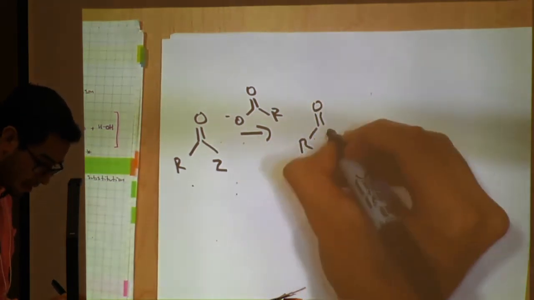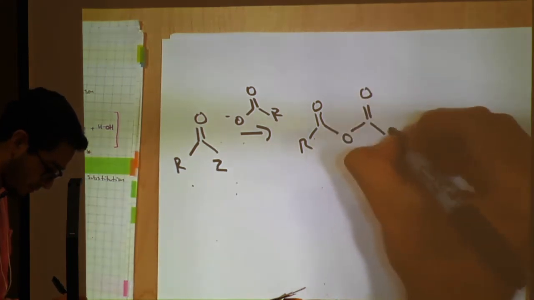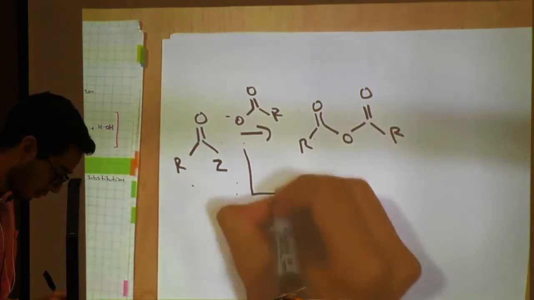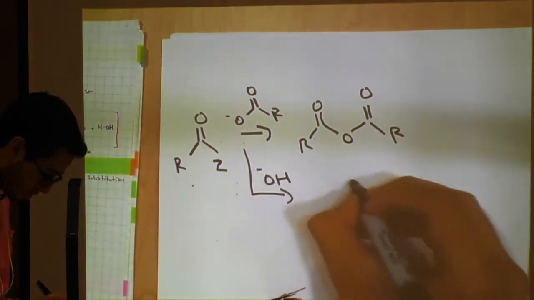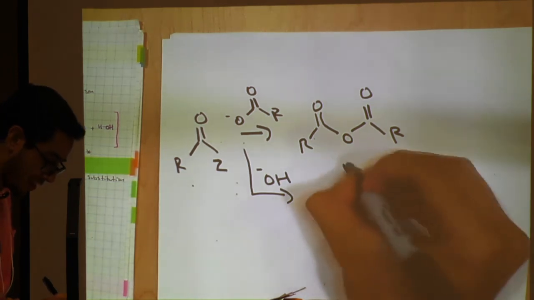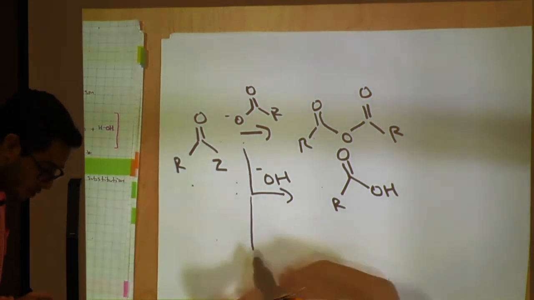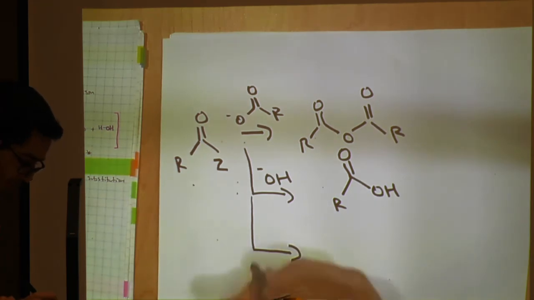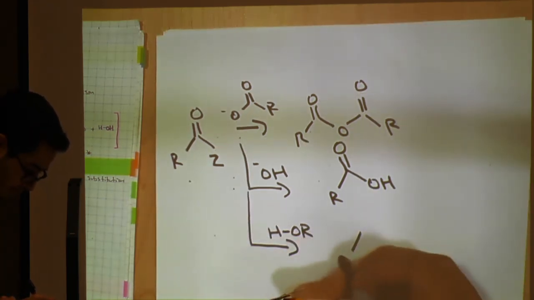And it follows the same exact mechanism that I showed in the general. If we react this with hydroxide, you're going to result in a carboxylic acid, given that your leaving group, your Z group, is weaker than hydroxide. Then if we go HOR, again, you're going to result in an ester.